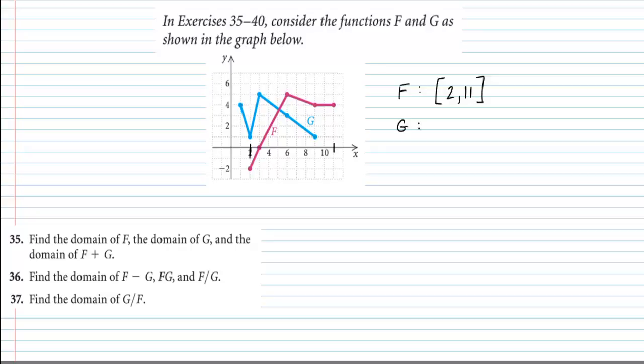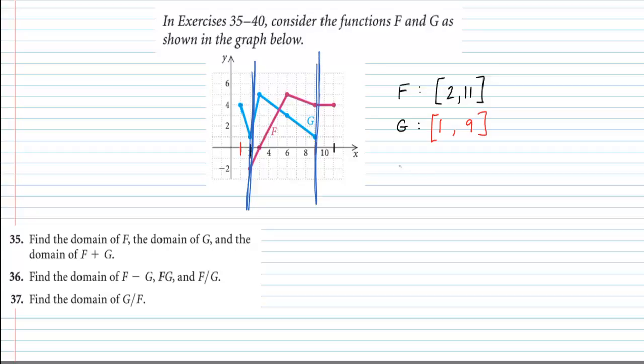For g of x, which is the blue line, it starts at 1 and it stops at 9. Again, both endpoints are closed, so therefore I include those endpoints. When it comes to the sum, difference, and product, we're looking for the overlap of the two domains. Therefore, when do you see f of x on top of g of x?